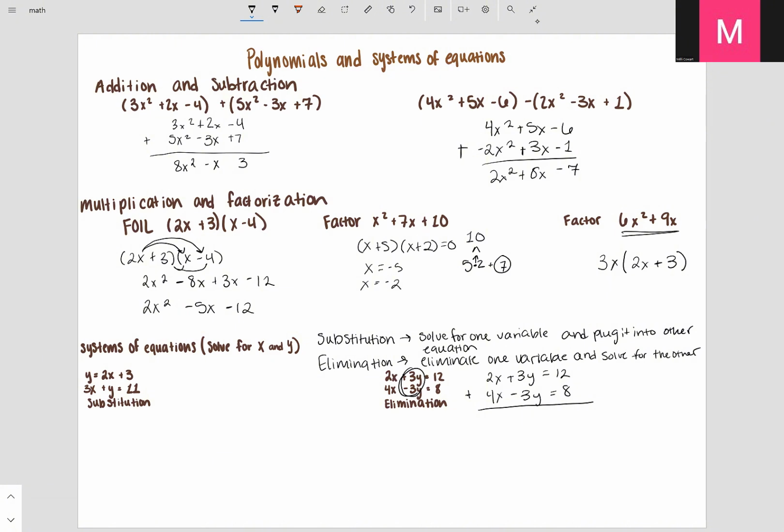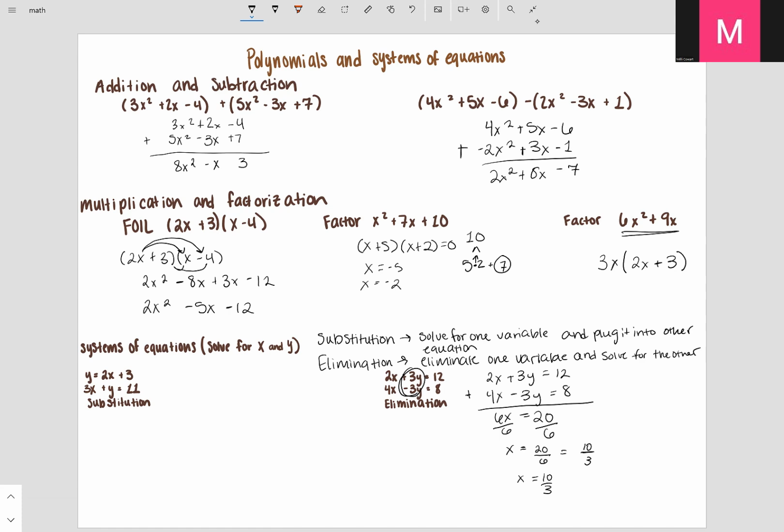So we'll only be left with 6x equals 12 plus 8, 20. And then dividing this, we get x equals 10 thirds.